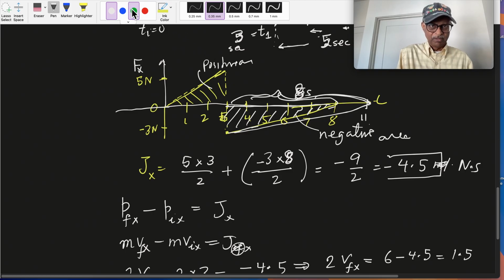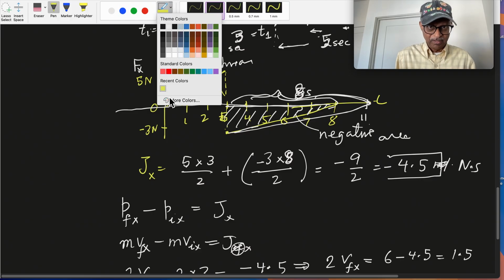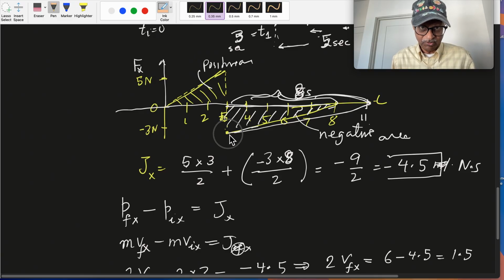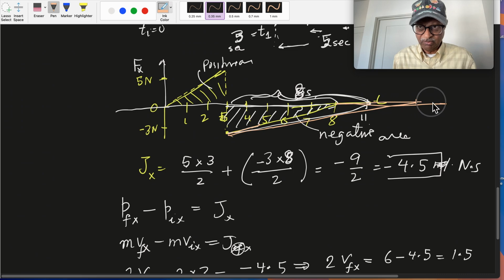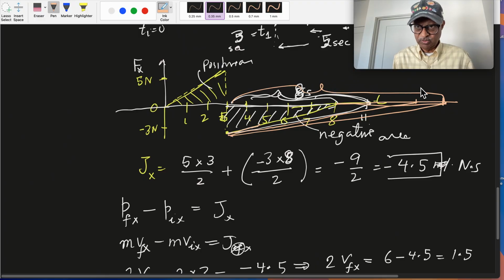What if we did this? Let's take a different color. Suppose this negative impulse went on for maybe this whole thing was 20 seconds.